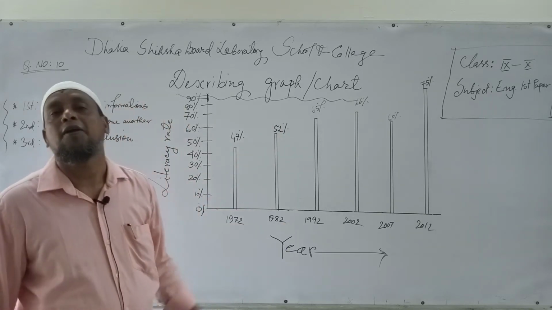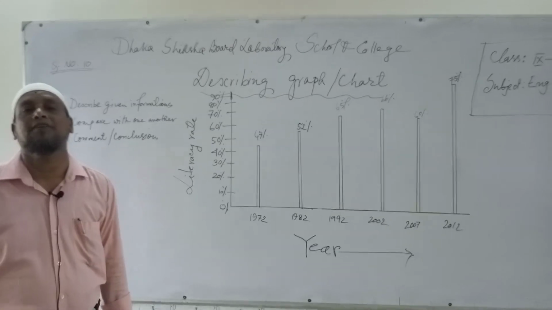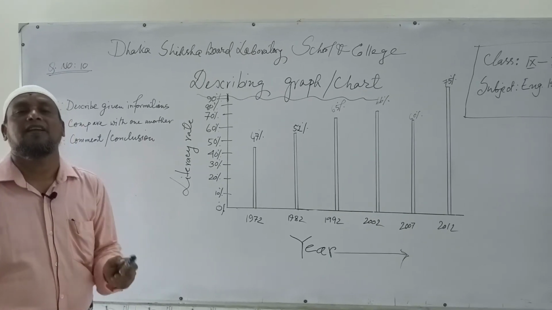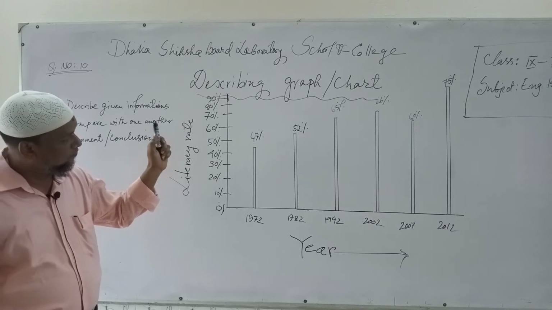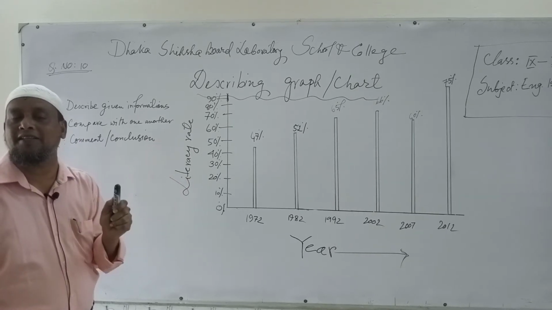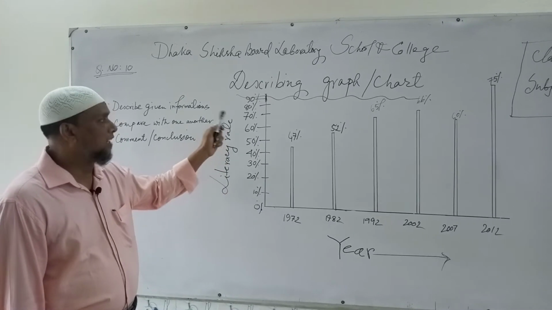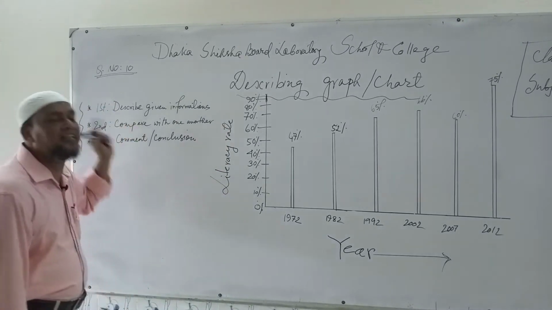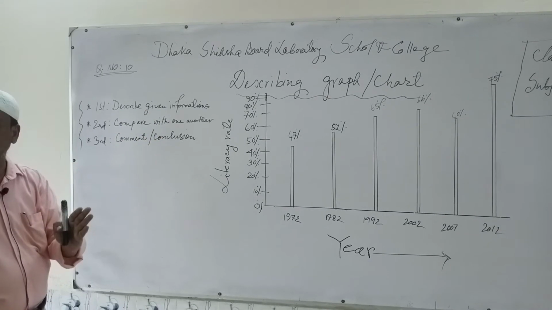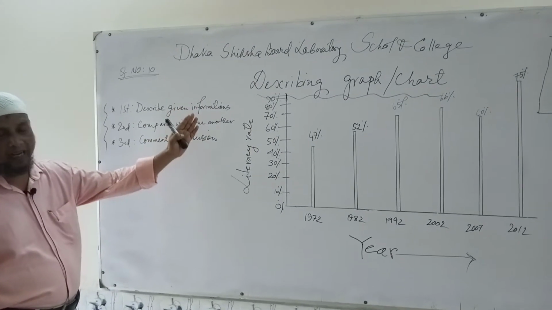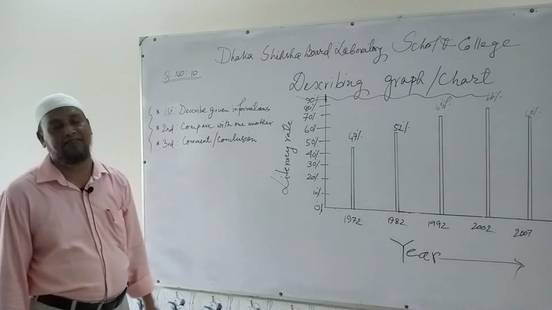Before going to describe this graph, I want to mention a special thing. For better describing, you need to know these basic 3 things, that is, how you can analyze or describe this graph. First, you have to describe given informations.